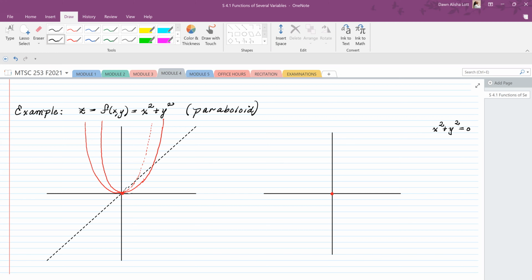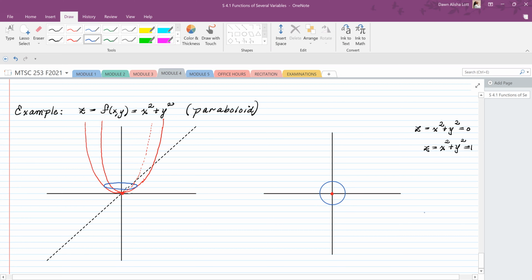Then, if you do Z is equal to 1, so Z is equal to 1 is at this height, you get a circle of radius 1. So Z is x squared plus y squared, and that equals 1. You get a circle of radius 1. And that's your level curve.